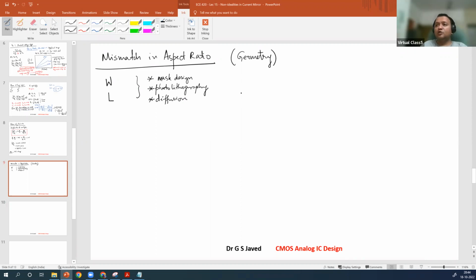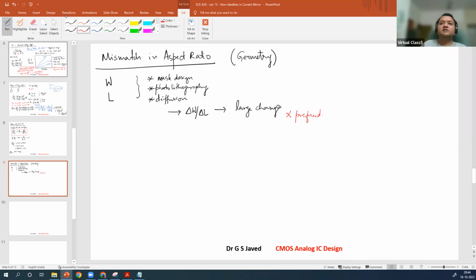Now, if you place two such circuits next to each other, each delta W, delta L will get impacted, and this will cause a large change. And this large change is not preferred. Right? So what do we do?